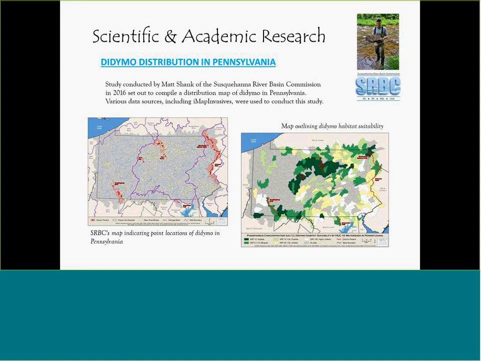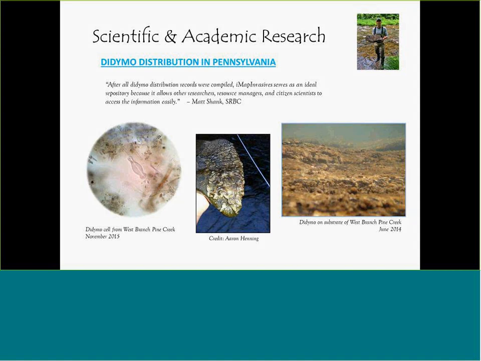We don't need to survey that because we now know that it can't live there. This was part of the research that was done. And here you can see some photos of didymo. It lives on the substrate, the bottom of a water body, and it essentially forms a big mat, and it doesn't allow other things to grow, and it interferes with some of the natural processes that go on in water bodies.